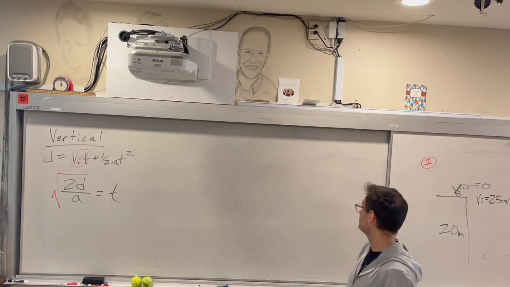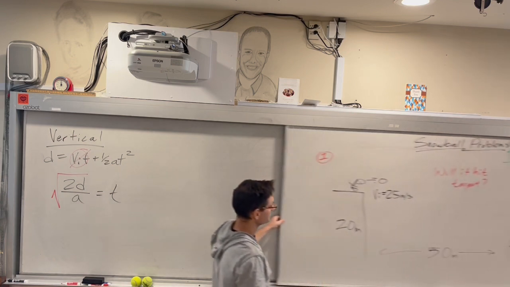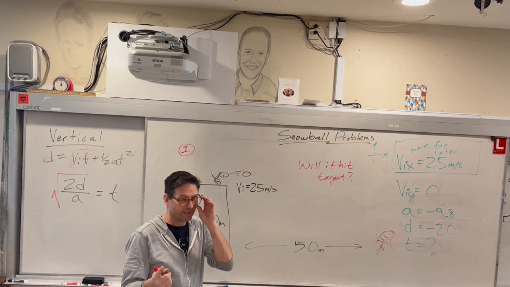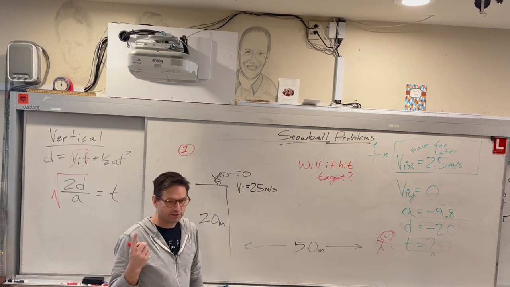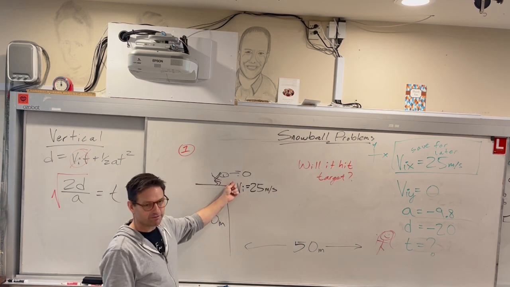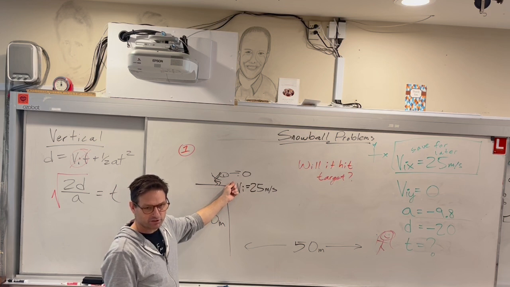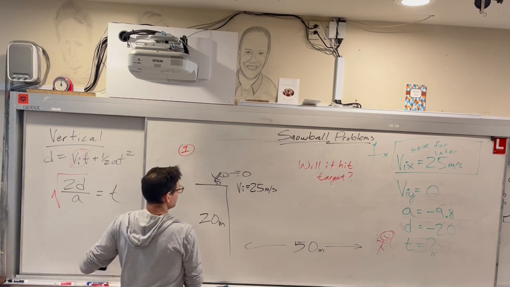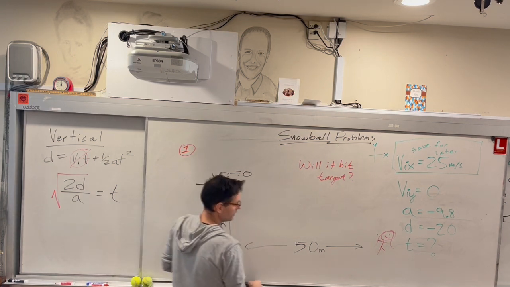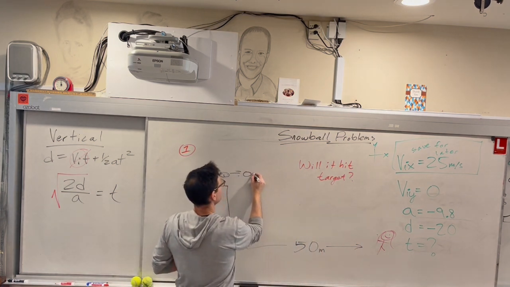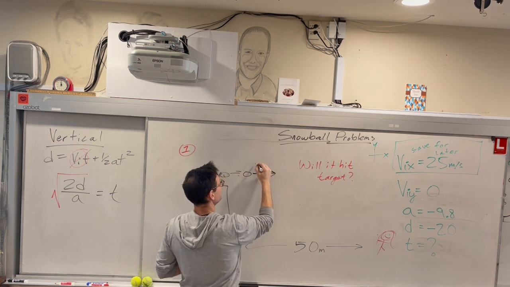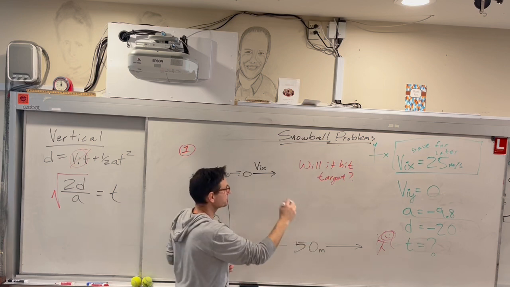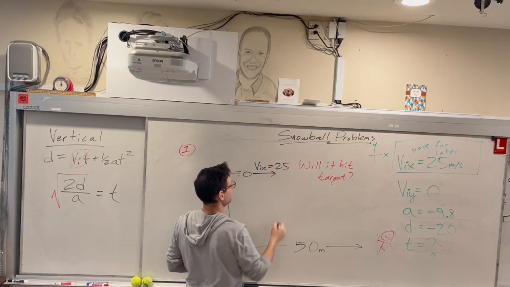Yeah, good question, Iman. Let's reiterate. We have 2 VIs, right? So if you're thinking, wait a minute, you're throwing it at 25, how can you just say that VI is 0? What we're doing is saying the ball is moving forward at 25, so my VI in the x direction is 25.